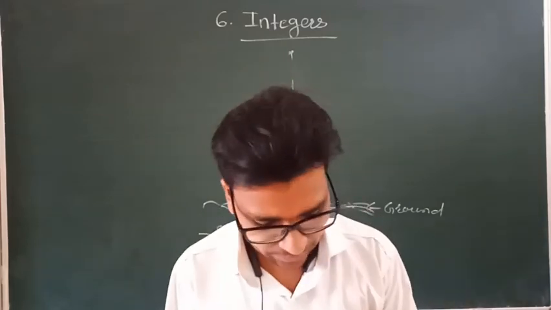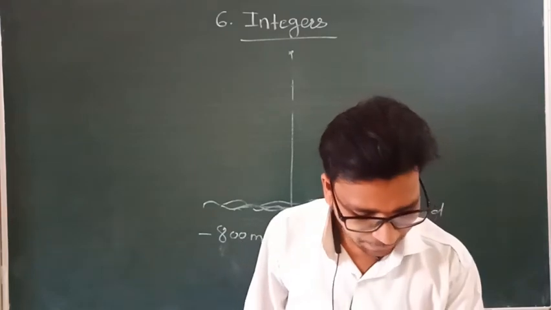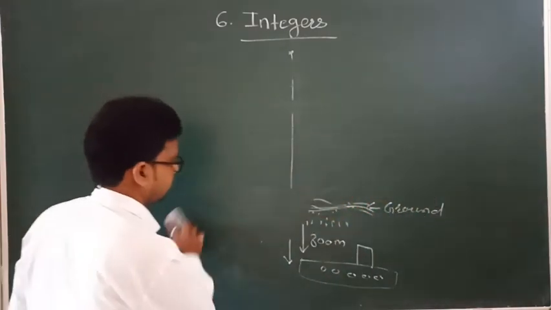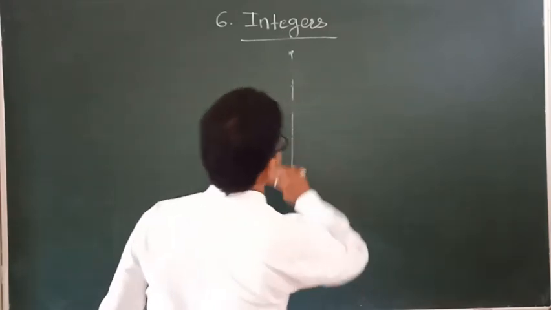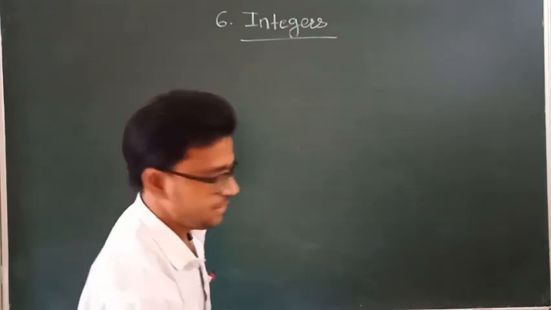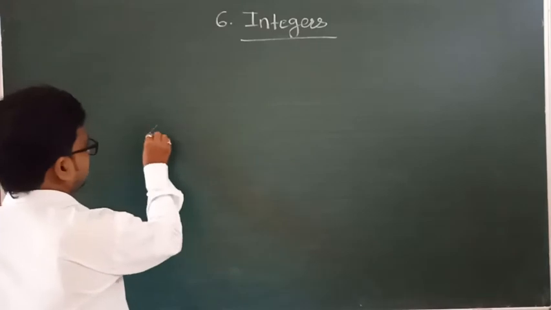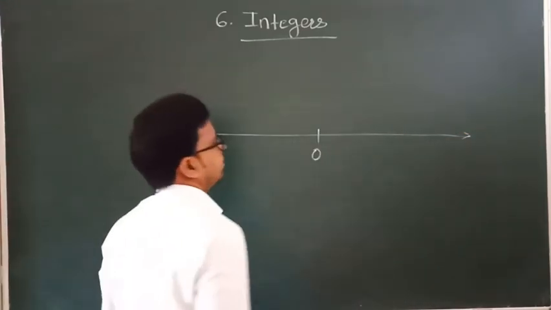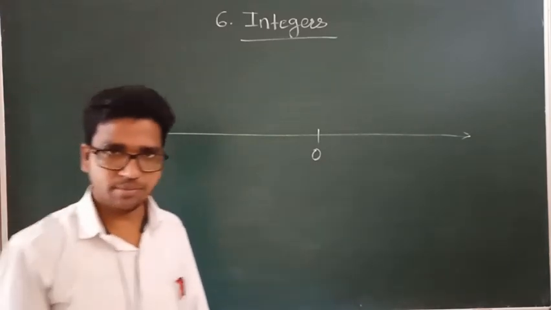Then question number 3 is, represent the following numbers on a number line. You have to represent the numbers on the number line. It's very easy. First, draw the number line and put 0 at the center.